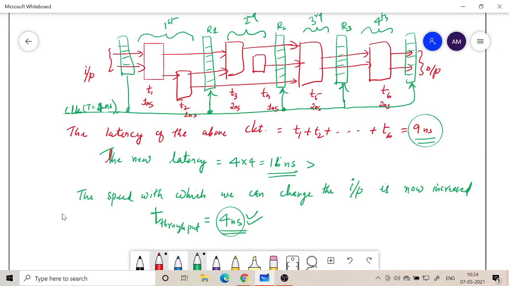So what is important is the throughput compared to the latency. This is how all the supercomputers are made. Supercomputers have architectures which involve lots of register kind of blocks in between, and everything is getting pipelined.